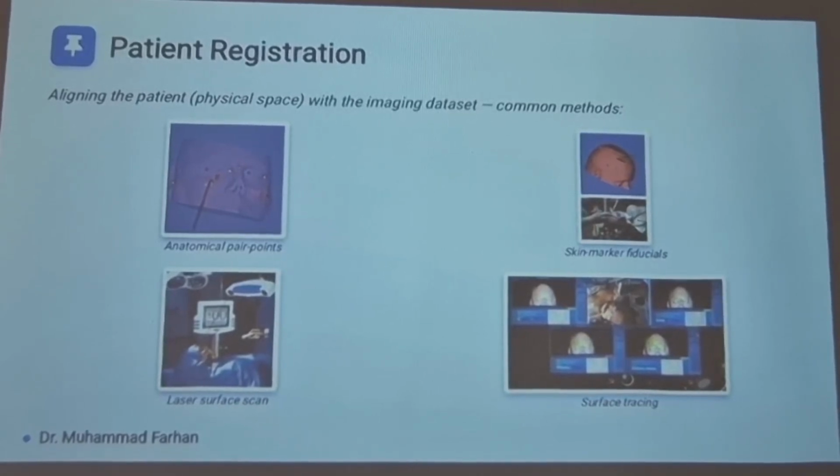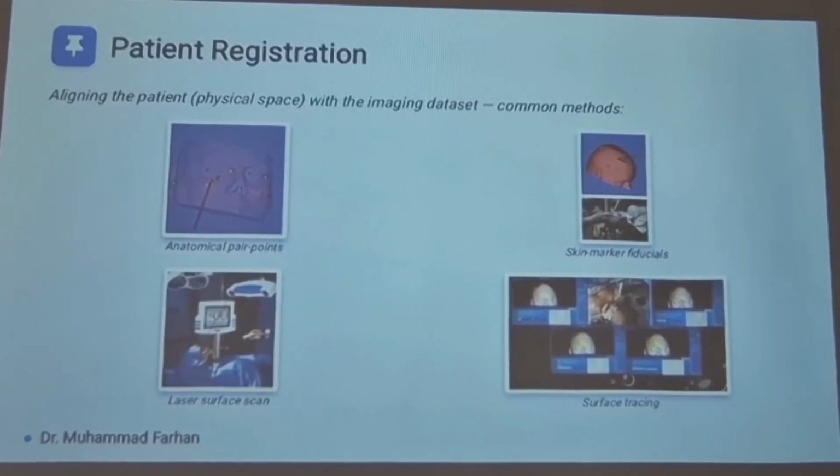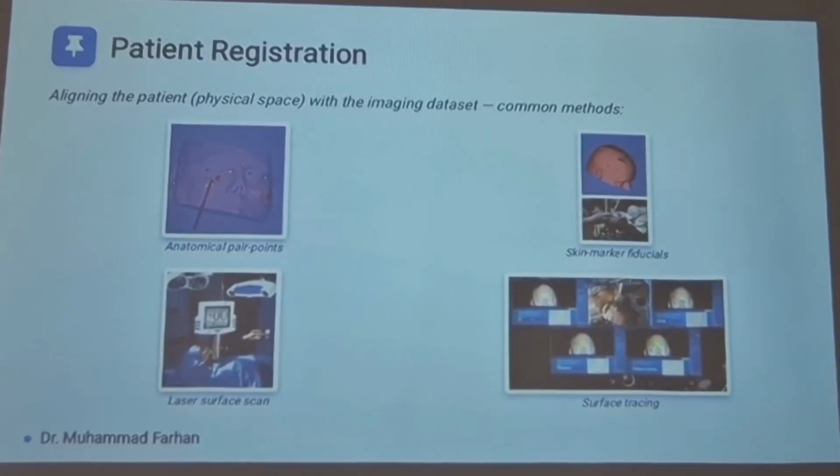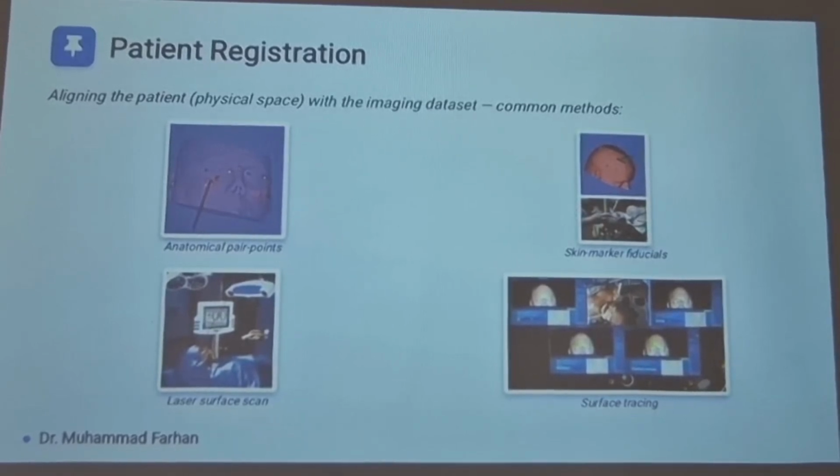Coronal sutures can also be used. Another method of patient registration is laser surface scan. Different lasers can be used for scanning the patient anatomy, and then it can be coordinated with the preoperative images. Then there are skin marker fiducials, which are placed before the preoperative imaging, and then on the operating table these can be coordinated with the preoperative images. Then there is surface tracing, which is mostly used nowadays.